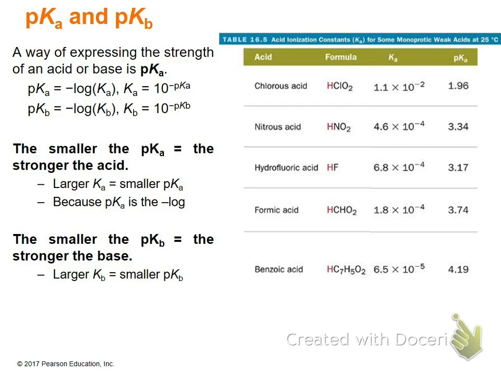But when you take the negative log of 6.5 times 10 to the negative 5, you get a pKa value of 4.19, which is larger than the pKa of the chlorous acid. So if you're comparing two pKa values, the larger pKa is the weaker acid, and the smaller pKa is the stronger acid.